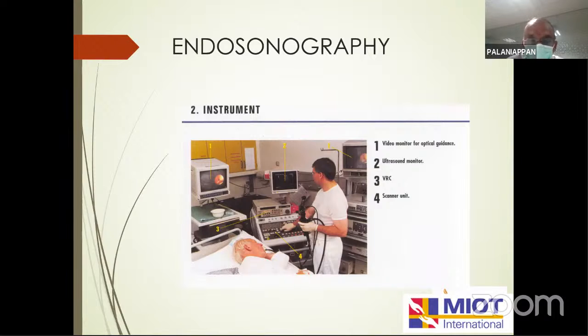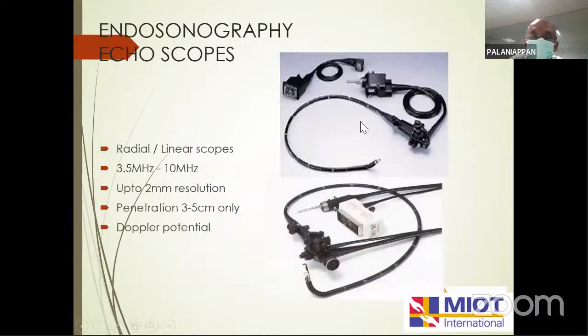The room looks like this. One is the monitor, the other one is the ultrasound monitor. The patient lies as we would have seen in routine endoscopy, and the scope looks almost the same. There are two scopes, one radial and the other linear.